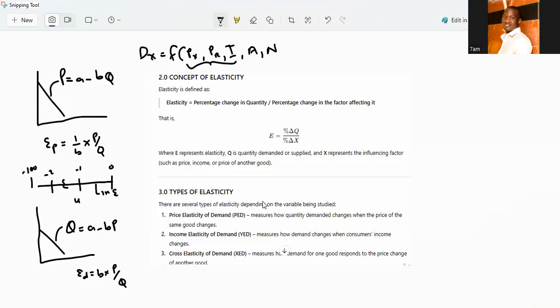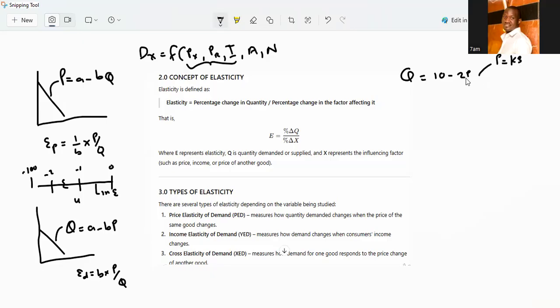So ideally, you just need to understand that for elasticity of demand, they will question you to understand what is called the point elasticity of demand and the arc elasticity of demand. So if you're given a function like Q is equal to 10 minus 2P, and you're given that your P is 3.